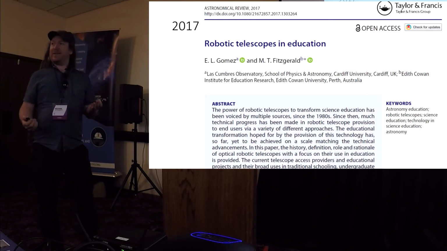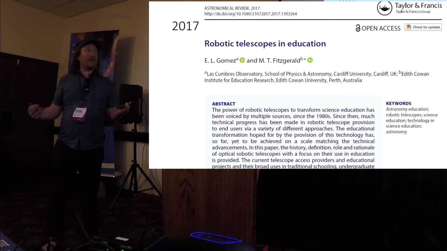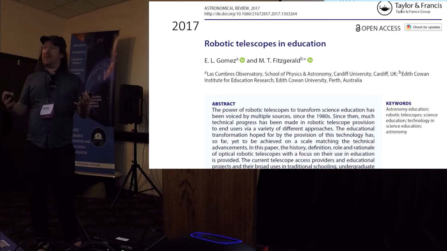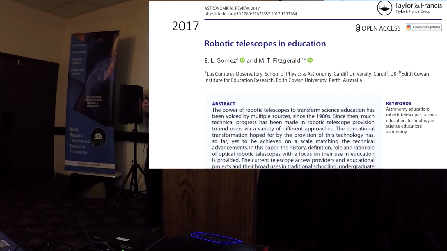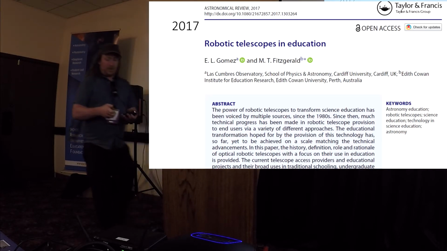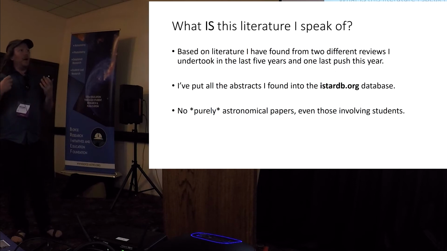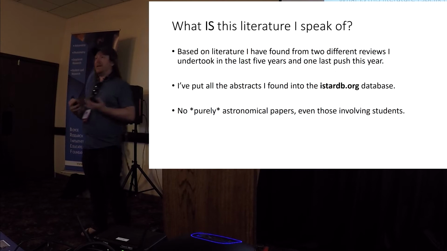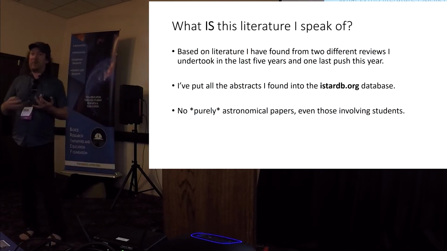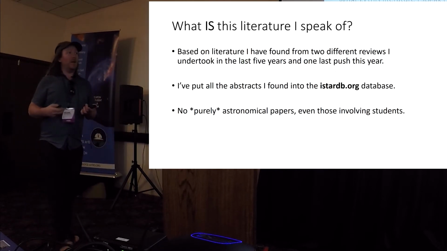So in the process, I've collected all the literature together, and it's not a coherent set, and it's not all in one place. I've put all the abstracts up online, and I'll show you how to get there, but I didn't add any purely astronomy projects, even those with student involvement.